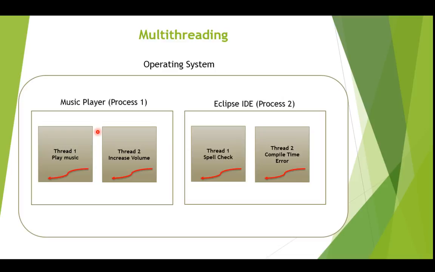So here process 1 is a music player which has thread 1 that plays music. You might be listening to music on the VLC player, and you can also add a new song to that music player simultaneously, and also increase the volume.